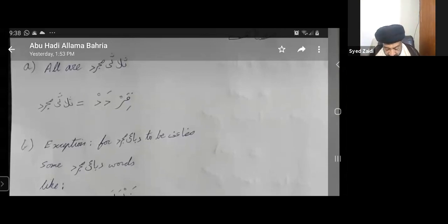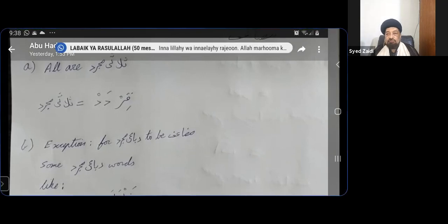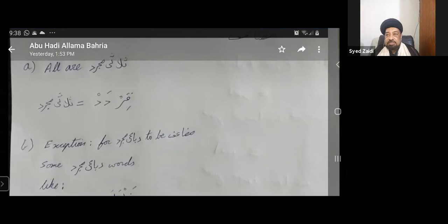Rubai Mujarrad, for example. I had said earlier, if you can remember, that in muda'af, two letters of the same kind are next to each other, like in the word madda, which is actually madada, where the two dals merged into each other to become one letter dal, and that was madda.